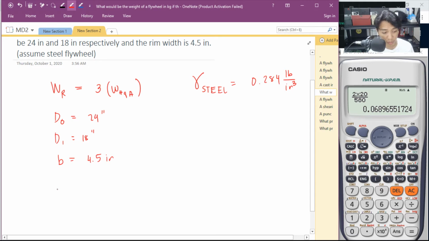We recall that the weight of the rim is equal to the density of steel multiplied by the volume of the rim.